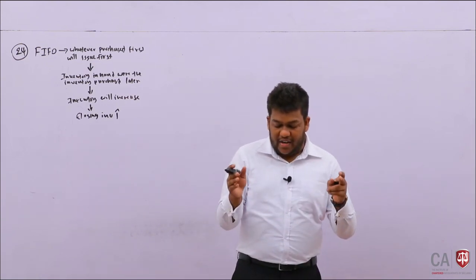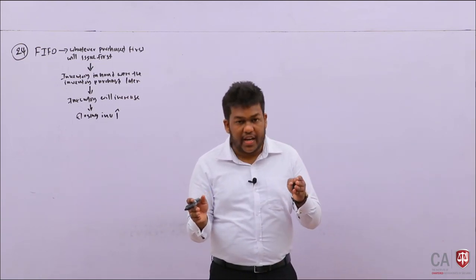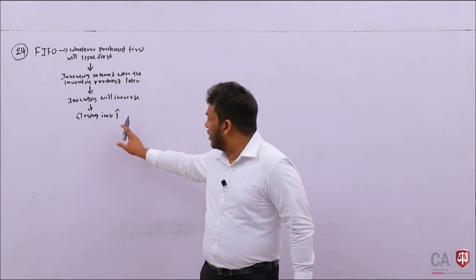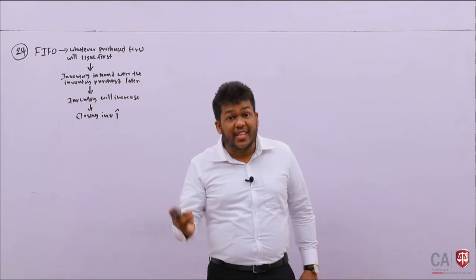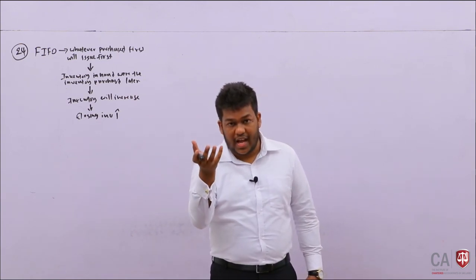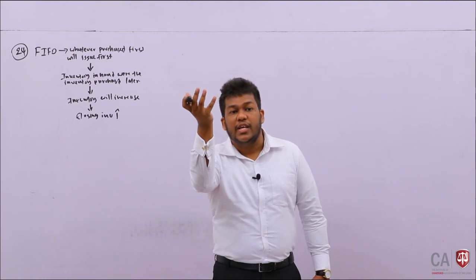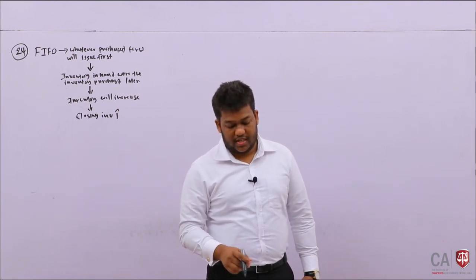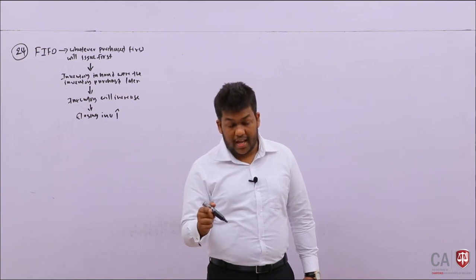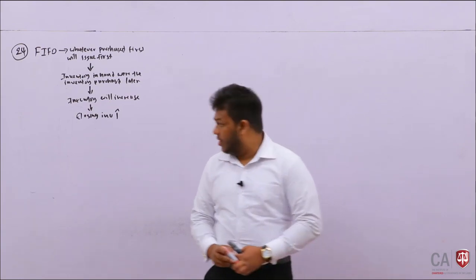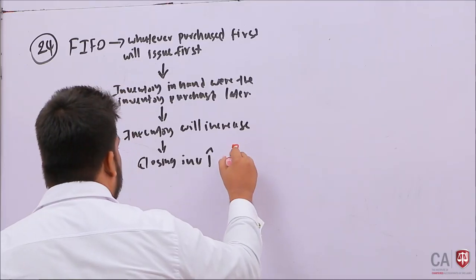So normally if you compare with the average WAC method, in FIFO their closing inventory is higher when the prices increase, because closing stock is there, the closing stock will increase. So closing stock will increase means profit will increase. So see the question answer B, a higher profit and a higher closing inventory value. So the answer for 24 is answer B.